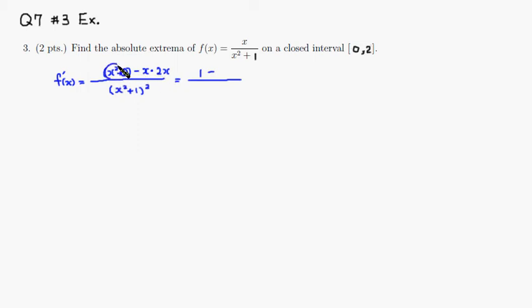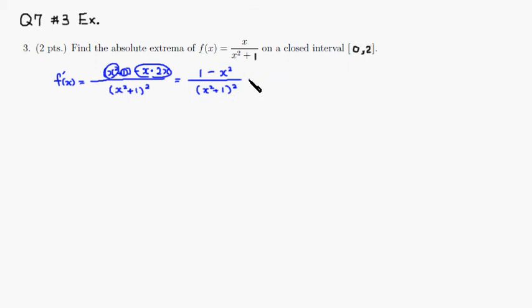So combining these two guys, we're going to get minus x squared. Right, the bottom is still the same, so x squared plus 1 quantity squared.